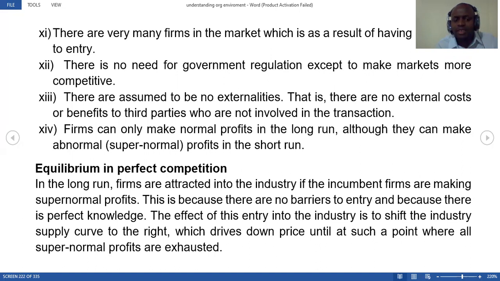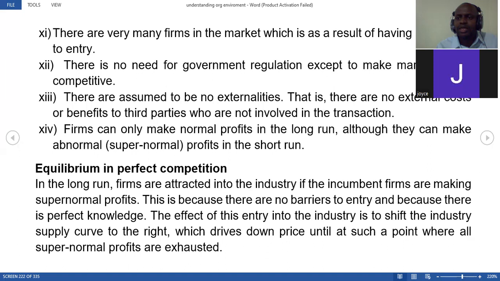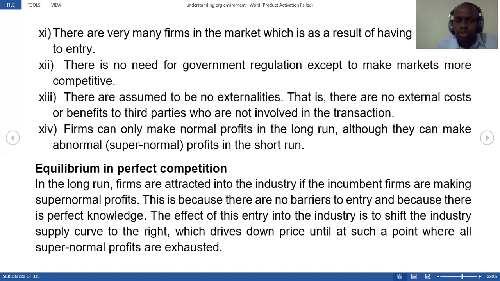Then we are saying equilibrium in perfect competition. So the point of equilibrium is the point where demand equals supply. Demand is the price at which buyers are willing to buy those products.